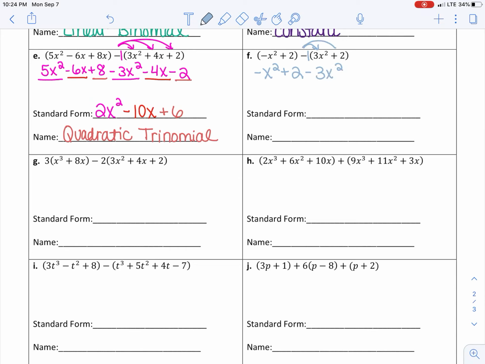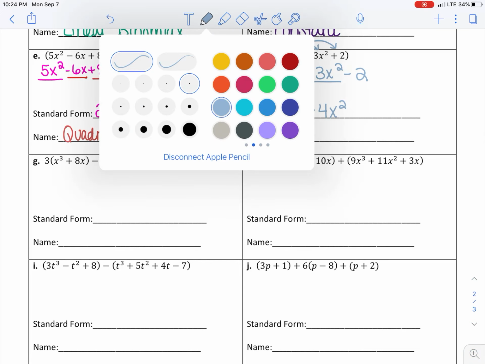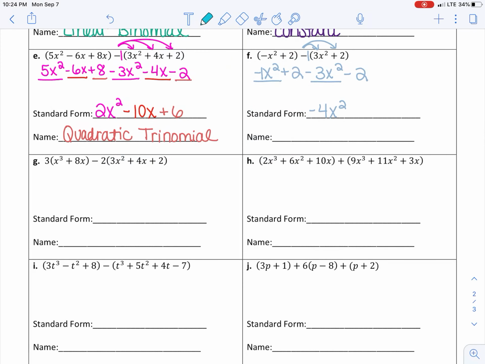And negative 1 times 2 is going to become a negative 2. So if we have basically a negative 1x squared here, and negative 3x squared, that's going to end up being negative 4x squared. And then we also have 2 minus 2, which is just 0.